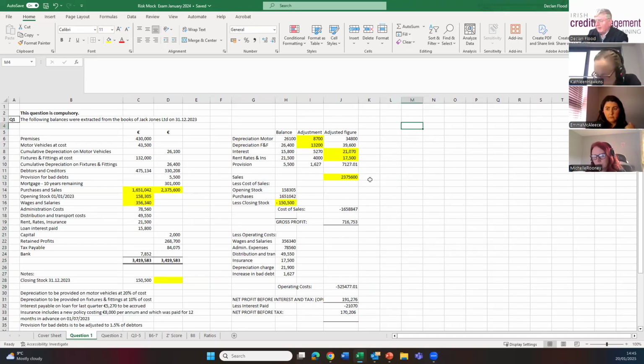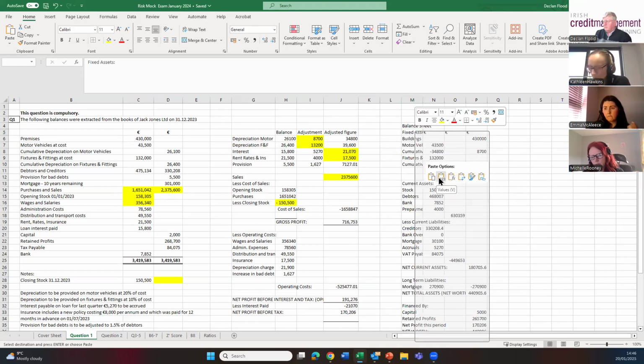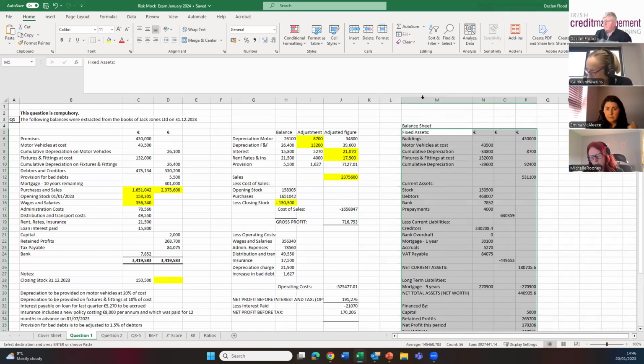So that's that. Now we go on to the balance sheet. Again, head it up with the company name, the balance sheet and the period and all that good stuff as well. Then balance sheet, paste.